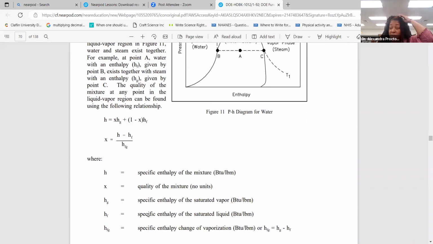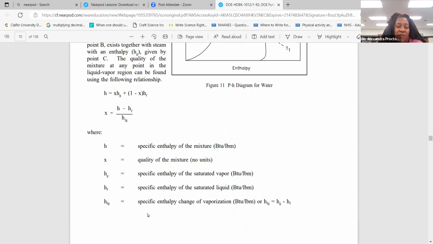So H is the specific enthalpy of the mixture, and the units for it are BTU per pound mass. X is the quality of the mixture, and it has no units. H sub G is the specific enthalpy of the saturated vapor, which is in BTU per pound mass. H sub F is the specific enthalpy of the saturated liquid, and that is in BTU per pound mass.